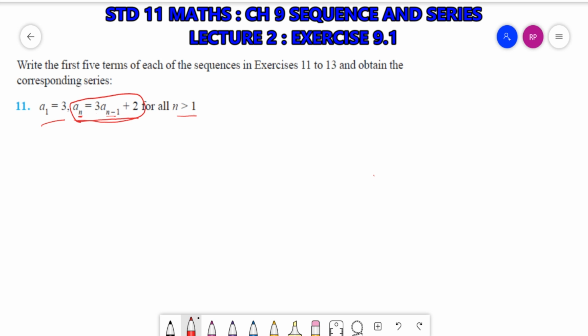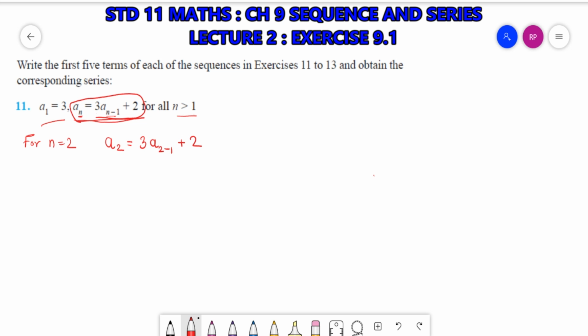So let's start with a2. For n equal to 2, I need to find a2. So I will use this formula, 3 a(2 minus 1) plus 2.